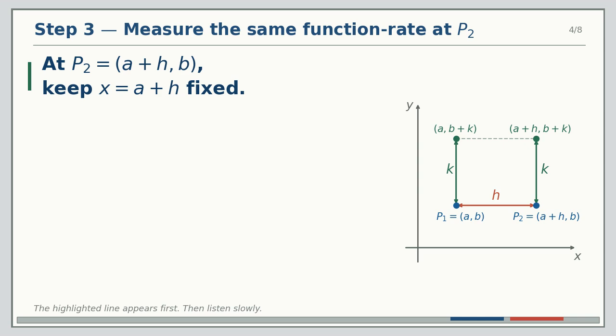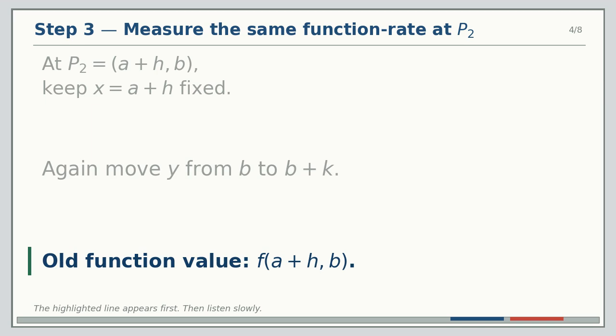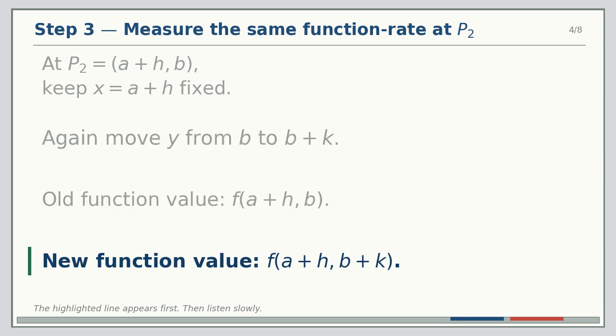At P2, equal to (a plus h, b), keep x equal to a plus h fixed. Again, move y from b to b plus k. Here, the old function value is f of a plus h comma b. The new function value is f of a plus h comma b plus k.